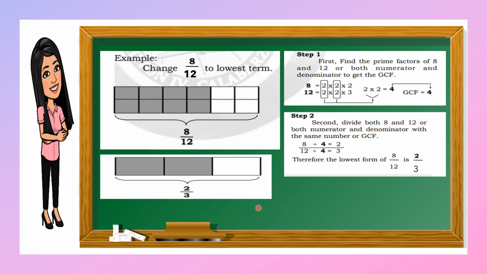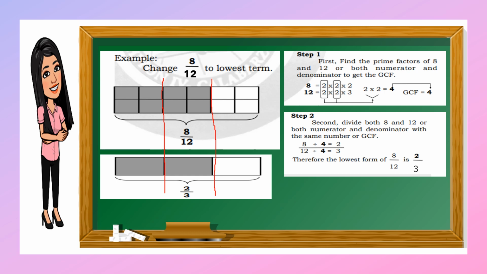Or, pwede rin namang ganito, using illustration. So, this one is 8/12. Kung mapapansin nyo, pwede kayong mag-drawing ng kaparehas ng laki ng 8/12. And then, tingnan nyo, dito sila nahati. So, the second figure is divided into 3, and then the shaded part, since dito ay merong 8 parts na shade, dito pwedeng dalawa lang.